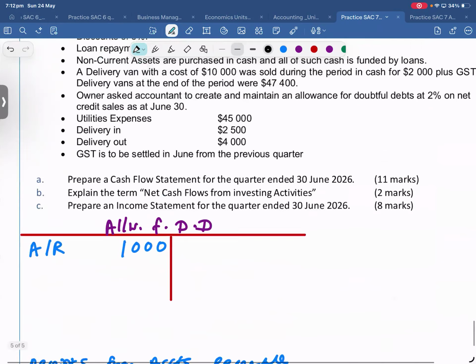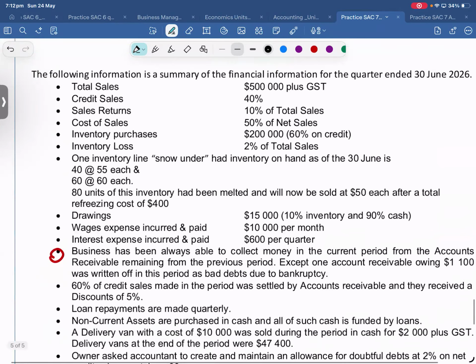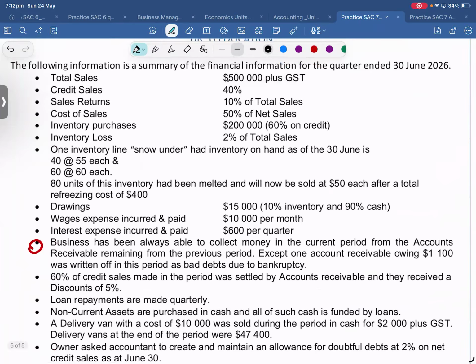Then am I going to receive something else? Yes. What am I going to receive? From the credit sales. So credit sales is how much, guys? 40%, meaning 200,000. From 200,000, did we have sales returns? Yes, which is 50,000. So then it becomes 150,000.